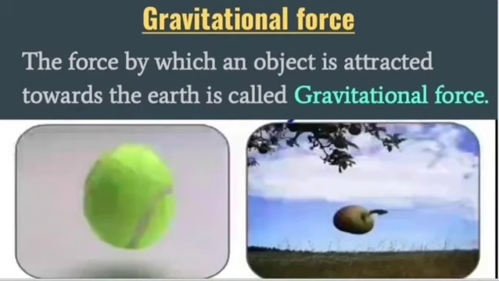And why does it fall down? Because there is a force which is exerted by the earth on our object, and that force is called gravitational force. Our object, like our pen, is not in contact with the ground, yet there is a force between the pen and the ground.